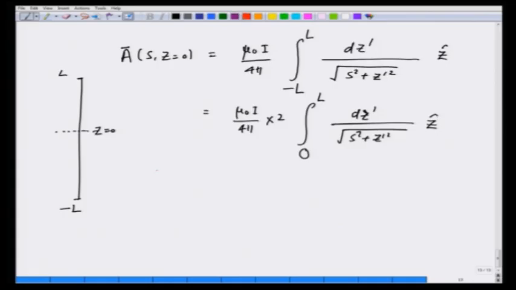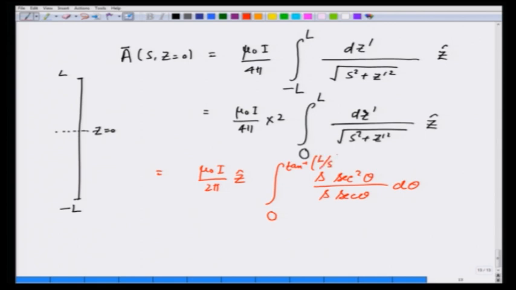So, I get this to be equal to mu naught I over 2 pi in the z direction integral, again making a substitution, z prime equals s tangent theta. I get s secant square theta over s secant theta d theta. Tangent theta is going to vary from 0 to tan inverse L over s.